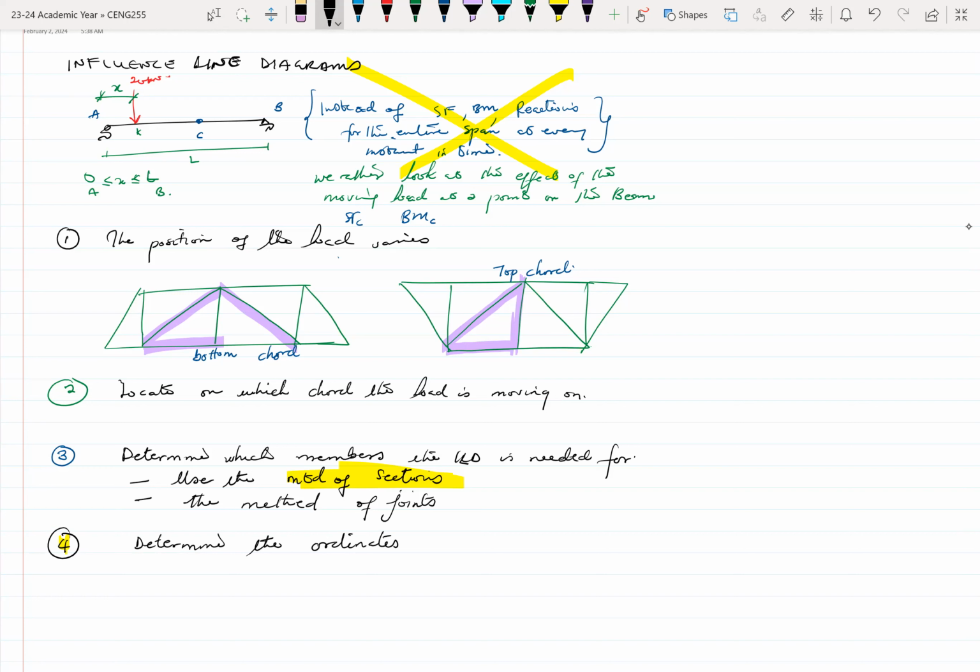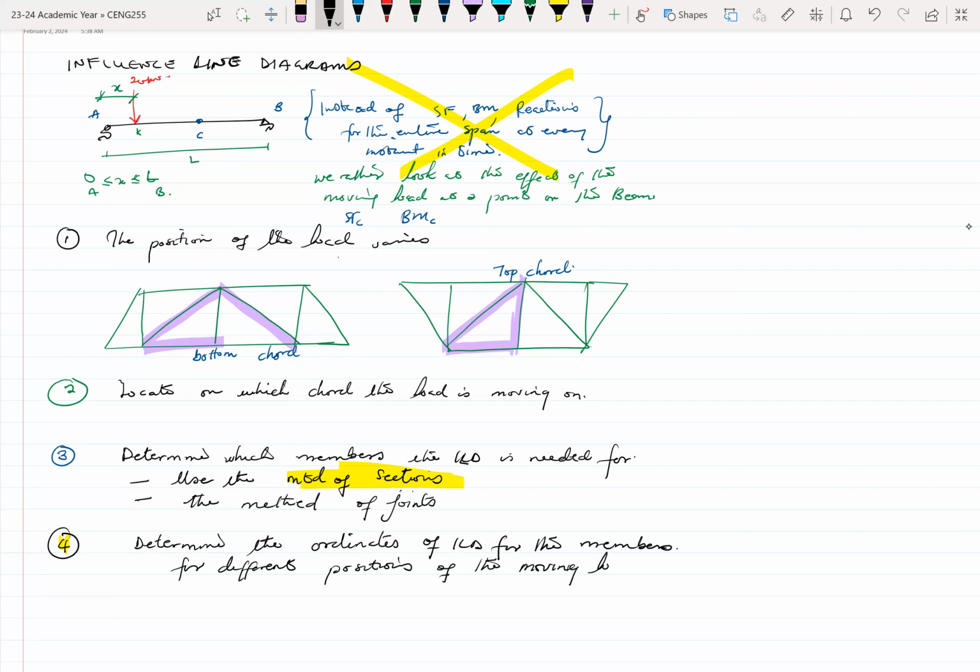Determine the ordinates for the members, or the ordinates of the ILD, right? So for the members for different positions of the moving load, all right.